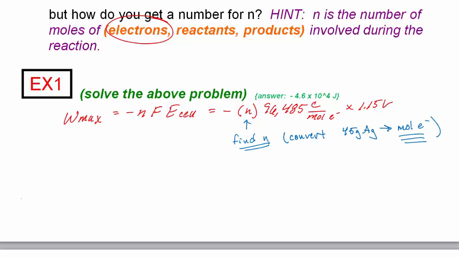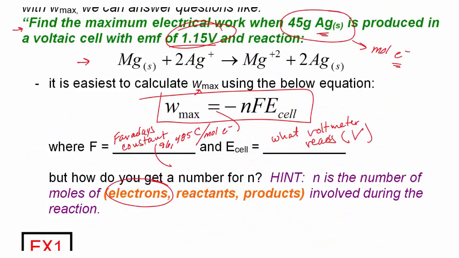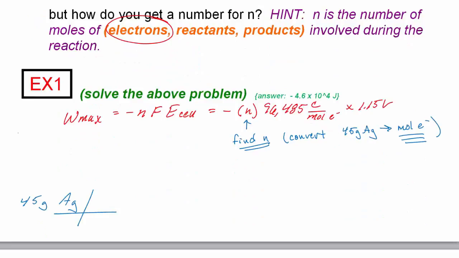So let's start with the 45 grams of silver. What mole bridge are we going to use? Here's a mole bridge. We have 2 moles of silver solid for 2 moles of silver ions, but electrons aren't in there. We need to use the half reaction. So let's write the half reaction that involves silver ion and silver solid. Silver ion goes to silver solid.